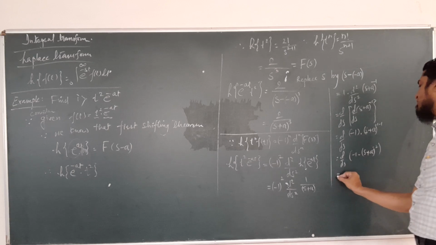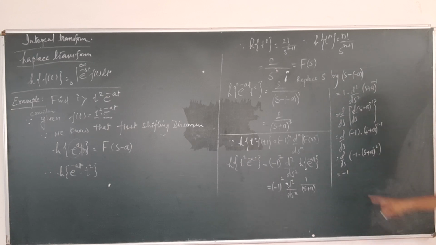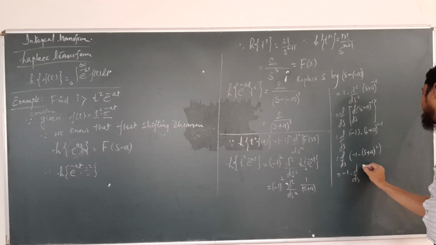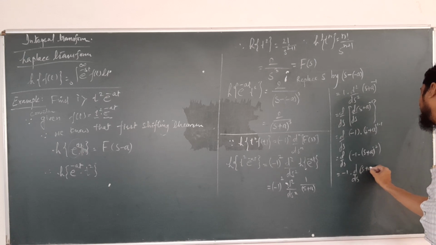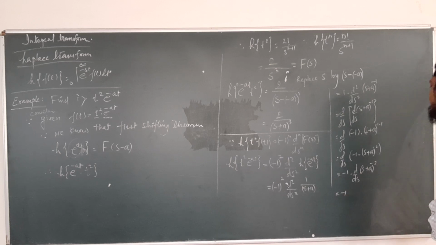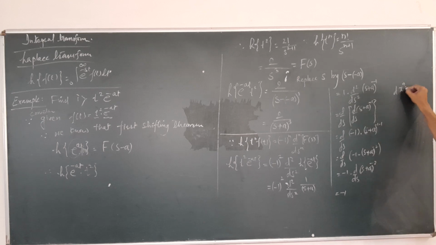Now taking minus 1 outside, then differentiate d by ds of (s plus a) raised to minus 2, and by using the formula of differentiation of x raised to n, we get n into x raised to n minus 1.